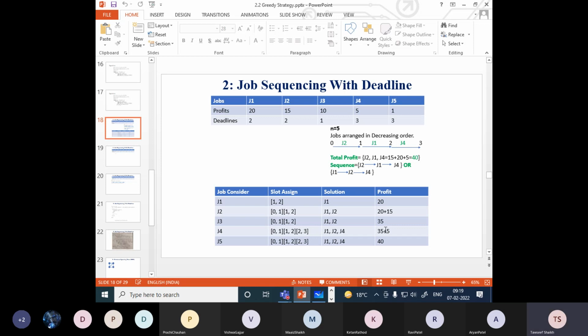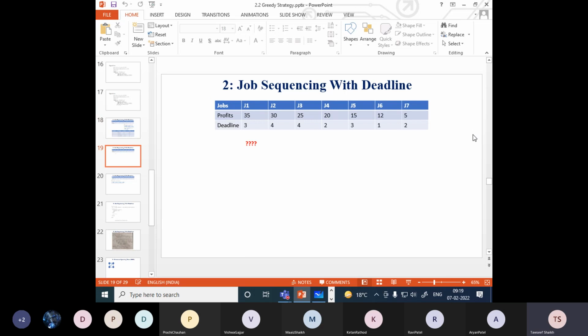And 35 plus its profit of 5 gets added. Then J5 will come, since it is also requesting a time slot of 3 hours and we don't have any vacancy. So the solution will remain unchanged, J1, J2, J4, and the total profit which this typewriter will earn by performing a sequence of operations using the deadline concept will be 40.